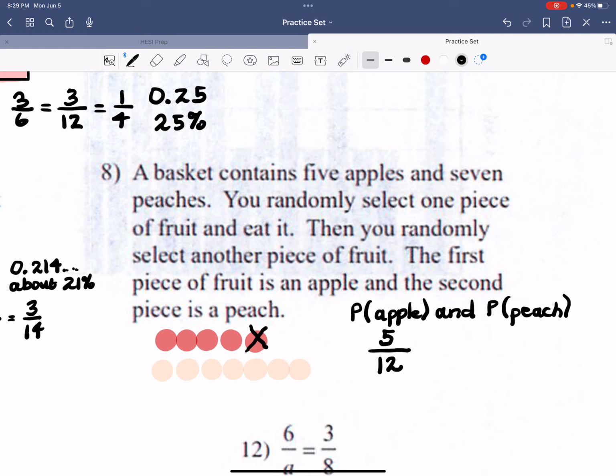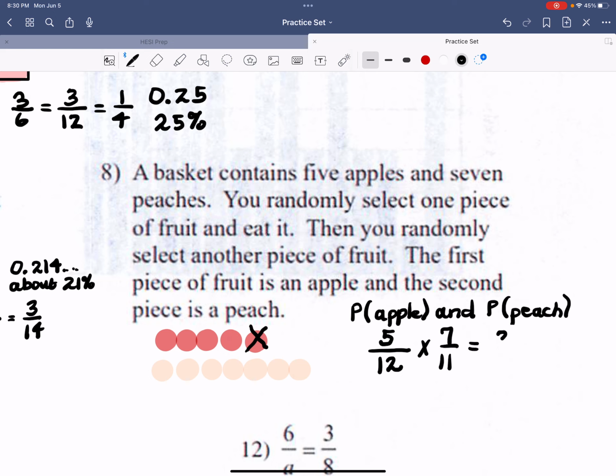I eat it, so I can't put it back. Then there are 11 pieces of fruit in the basket, and of those, 7 of them are peaches. "And" tells me to do what? You got it. I'm going to move this over so I have a little room. 7 over 11.